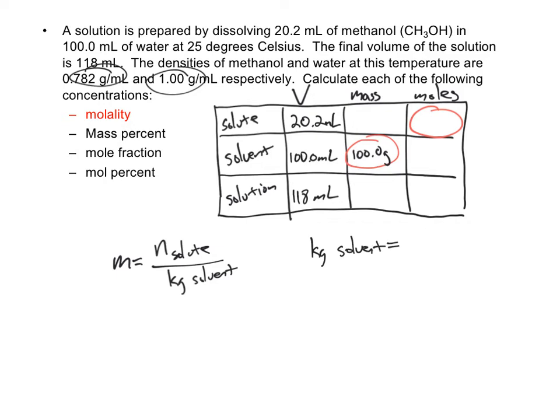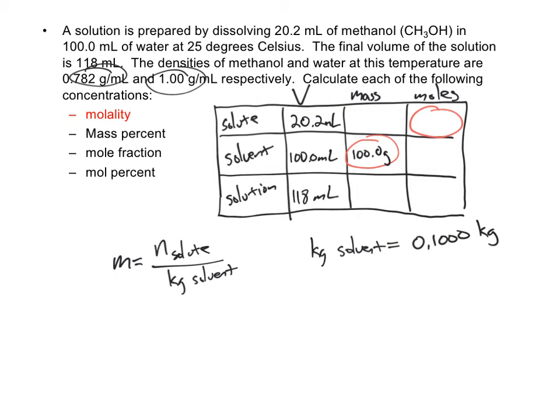And so I need the kilograms of the solvent, not the grams. So you should be getting good, hopefully, at converting between kilograms and grams in your head. Same thing with milliliters and liters. To go from grams to kilograms, I just need to divide by 1,000. So that's going to be 0.1 kilograms of water.